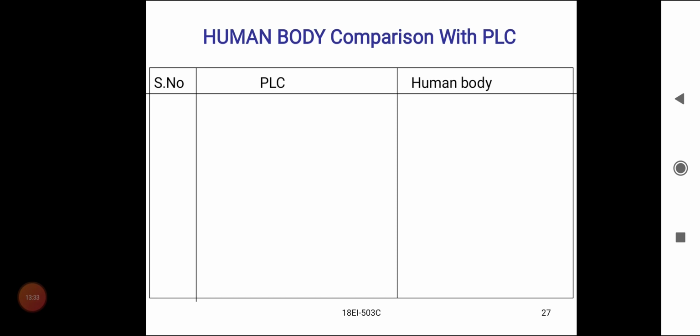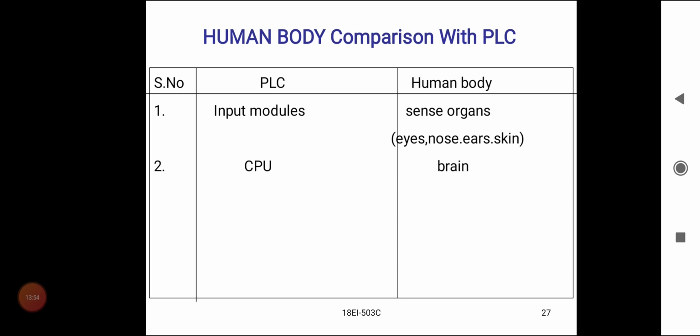Serial number, PLC and human body. The input module senses organs: ears, eyes, nose, skin. These are the input devices, sense organs: eyes, nose, ear and skin. Second one, CPU.